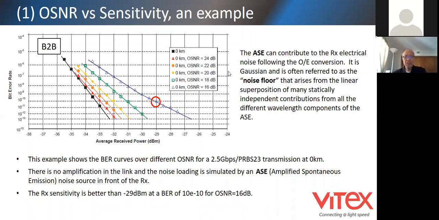Basically, the ASE, the amplifier spontaneous emission noise, is added in front of the receiver to simulate all those OSNRs. So the receiver sensitivity is -29 dBm for OSNR 16 dB at a 10 to the -10 bit error rate. Now remember this one. This is without fiber, just purely OSNR.